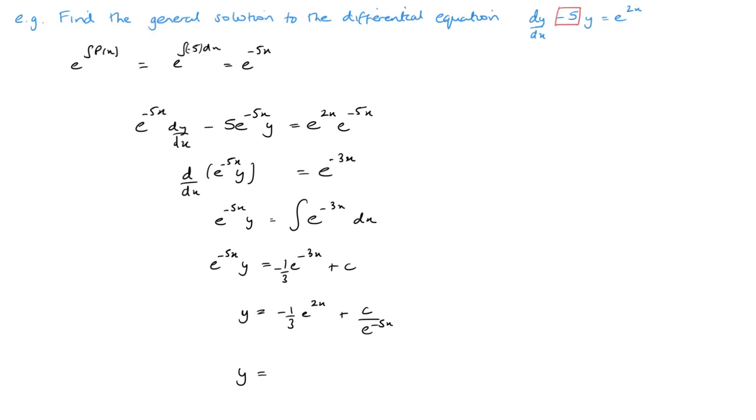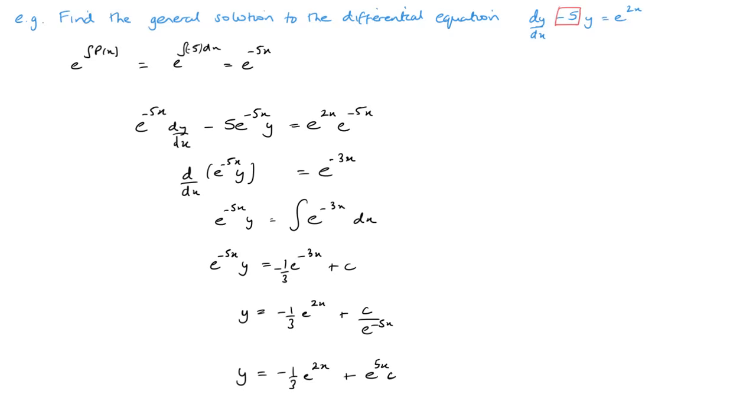Okay, and then that can be written as -1/3 e^(2x) + e^(5x) c. Because it's a negative power, I can take it to the top. So that now is the general solution to this differential equation. And the form I was saying not to worry about in the last one was basically down here. You can see it just comes out as you do the maths.